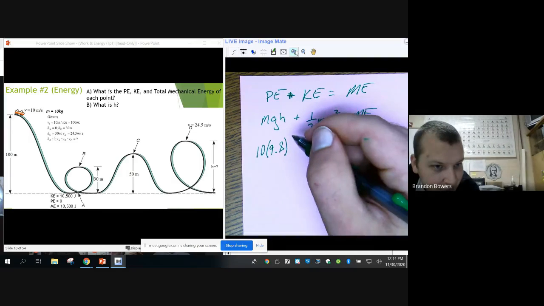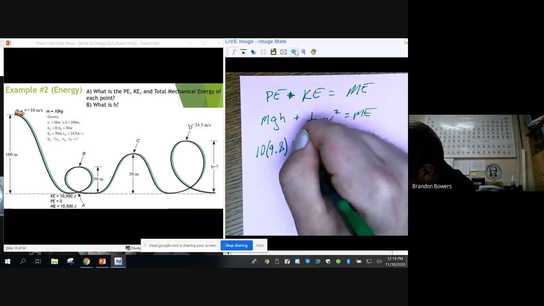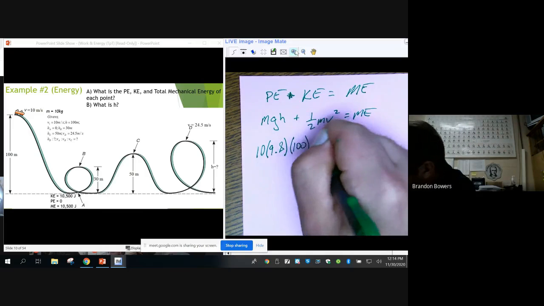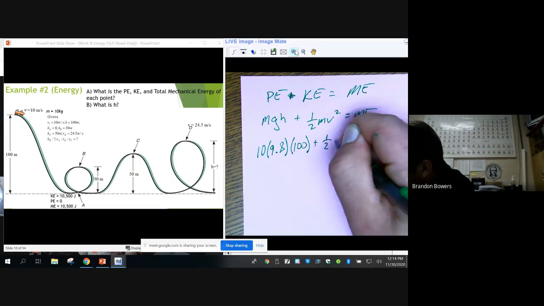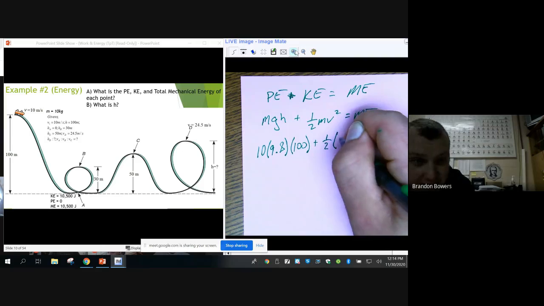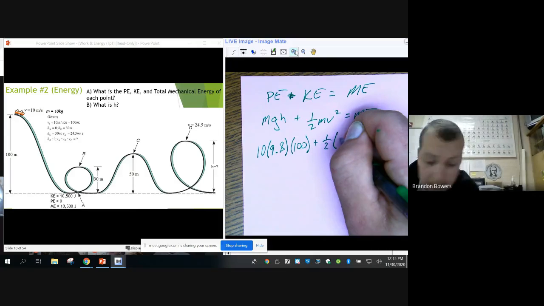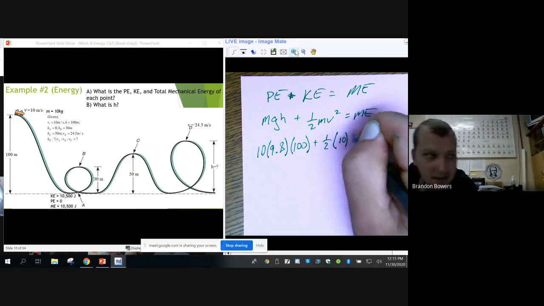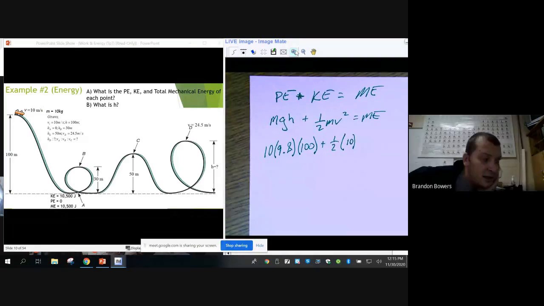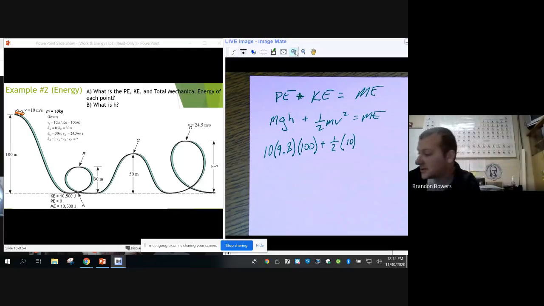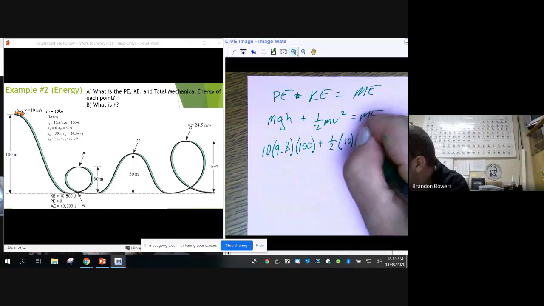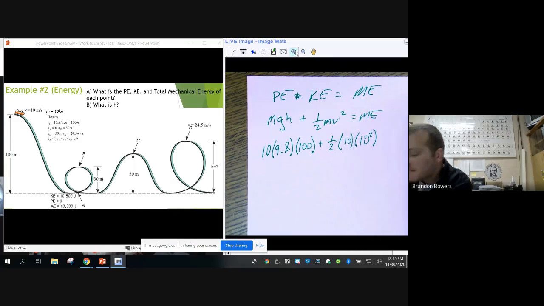The height at that point is 100, plus half the mass, which is 10, times the velocity squared. The velocity at the very top is 10 meters per second, so it's going to be 10 squared.